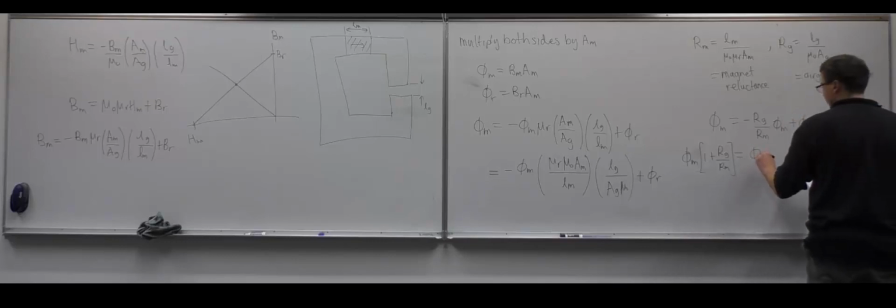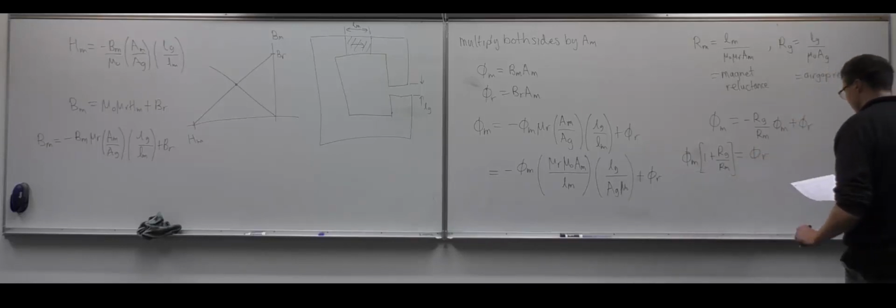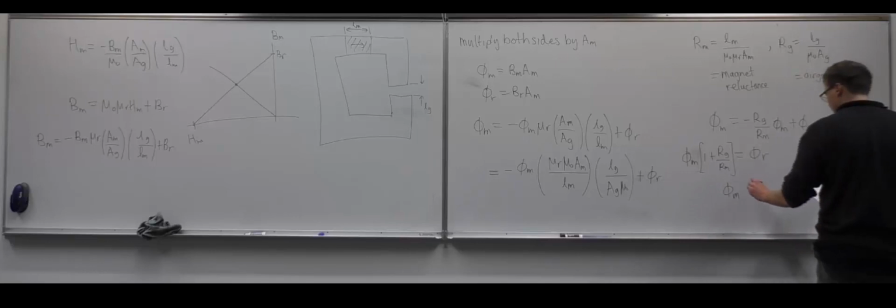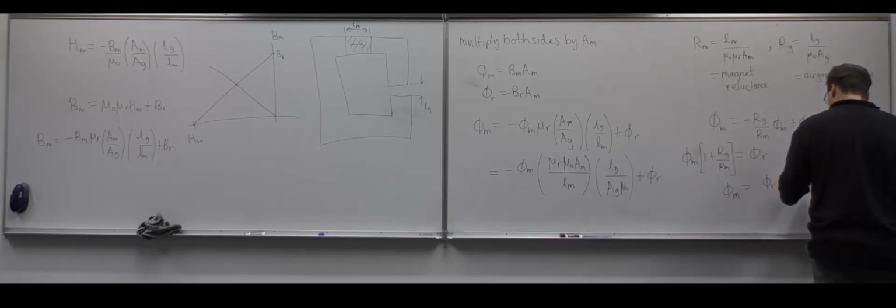It's equal to phi r, and then if we rearrange this a bit more, we can write that flux M is equal to flux R times Rm over Rm plus Rg.